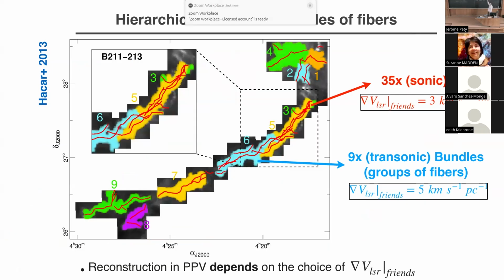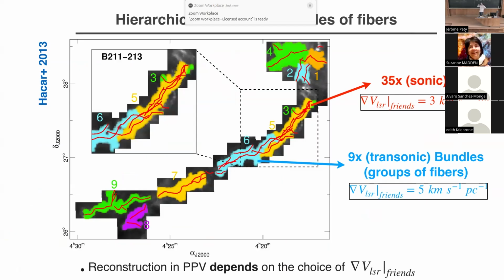If you change this parameter, so you do exactly the same, but you allow bigger jumps in velocity, in this case almost twice, you make your jumps slightly supersonic, then you connect the cloud in a slightly different way. And that's interesting because instead of defining this very narrow thing, you also define structures that are long but much bigger. And then that groups several of these fibers into what we call a bundle.